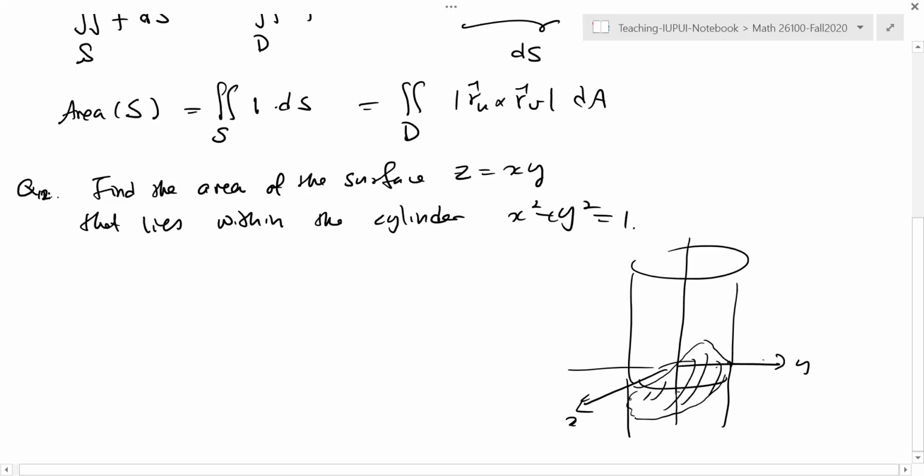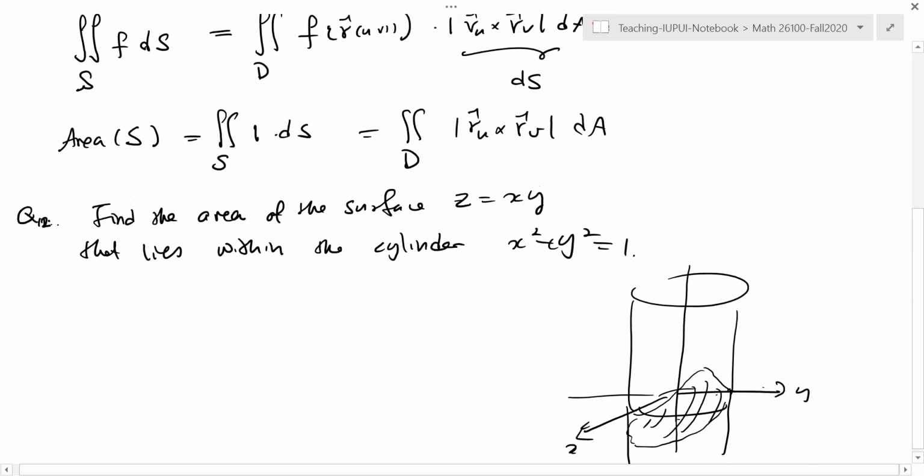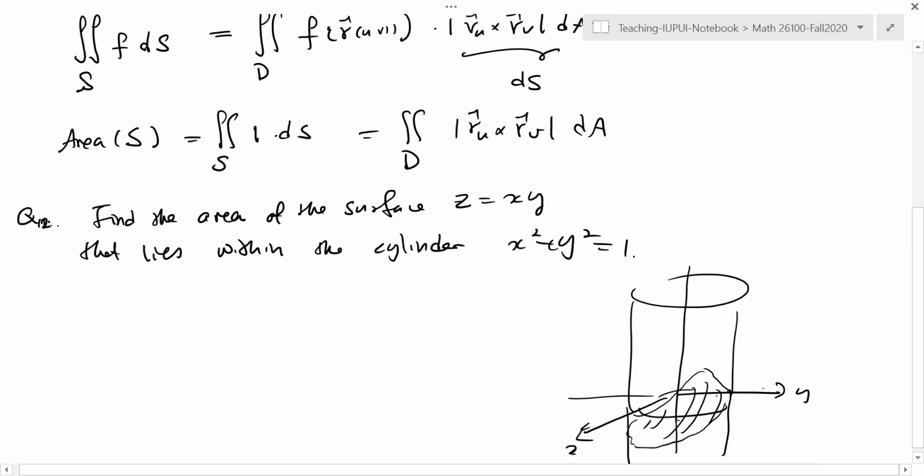So the surface actually is a graph in this particular case. Now for the graph, you have a special parameterization. We still use x, y, so for the graph it's x, y, f of x, y.